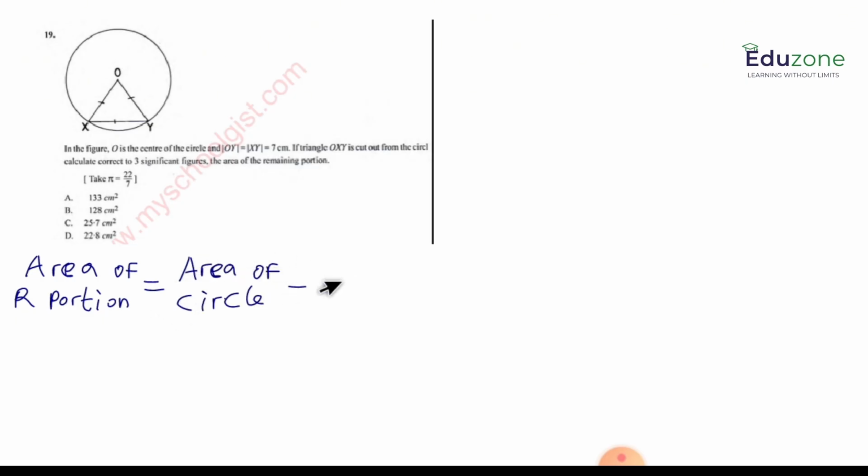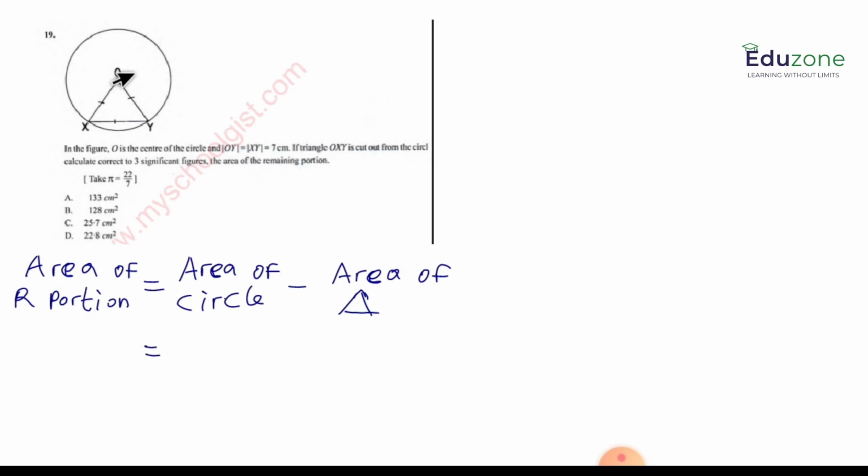To calculate the area of the remaining portion, we say area of remaining portion is equal to area of circle minus area of triangle. So now we need to get the area of the circle.